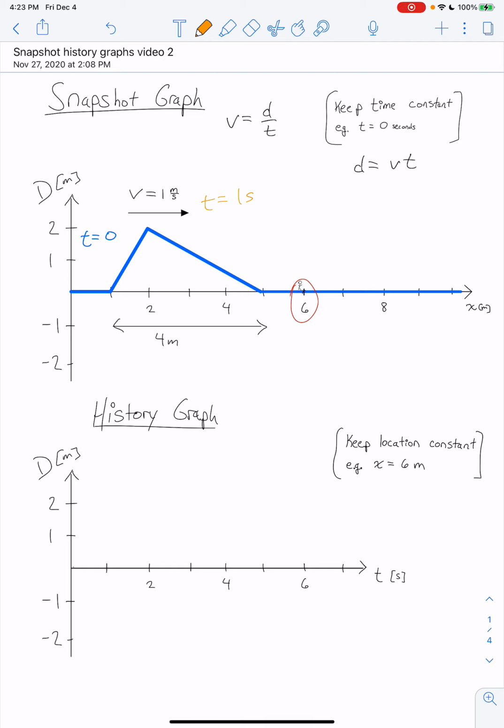That means that this point here is going to instead be here, and this point there is in fact going to be here, and this point there is going to be here. And we can draw this out. And so that's our snapshot graph for t is equal to 1 second.